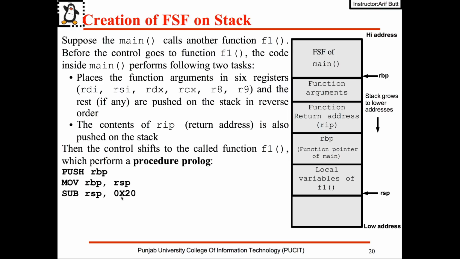We have subtracted 0x20 from RSP to create space for the local variables for function f1. Now you can see the function stack frame for f1 function is in place with register RBP pointing to its base address and register RSP pointing to the top of the function stack frame of this function f1.